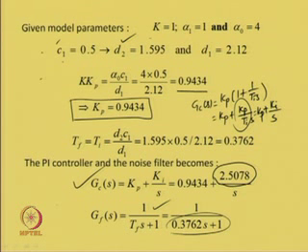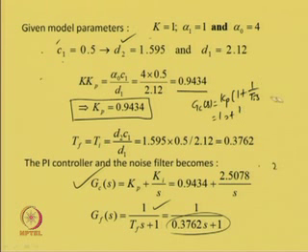So, if you take the ratio of Kp and Ti, that means 0.9434 upon 0.3762 will be equal to 2.5078. So, thus we get a PI controller of the earlier form for the sake of comparison, or I can say that to make use of the same simulation model, I have obtained the Ki in that earlier form.